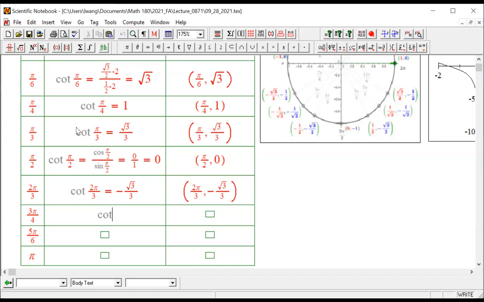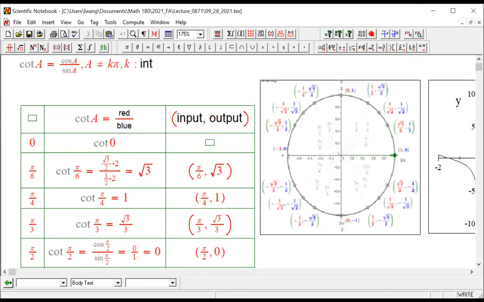Okay, so cotangent, right? 3 pi over 4. What's the cotangent of 3 pi over 4? You do the same thing. You do the same measurement, right? It's 3 pi over 4. You end up over here.